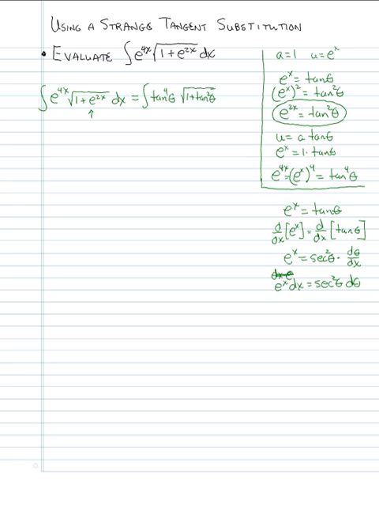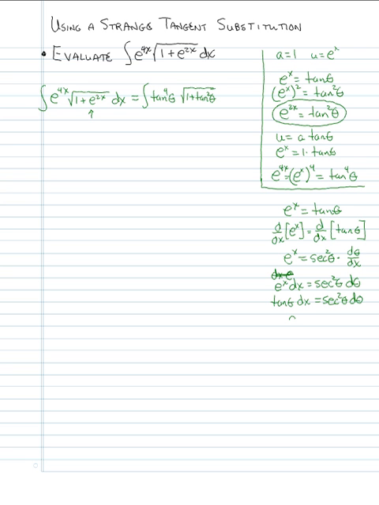But the problem is we only have a dx above. We don't have an e to the x dx. And then it dawns on us, maybe, hopefully, that e to the x is tangent of theta. So this is really tangent of theta dx is equal to secant squared theta d theta.